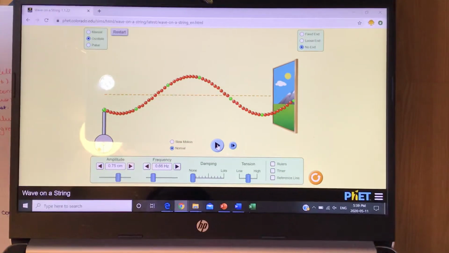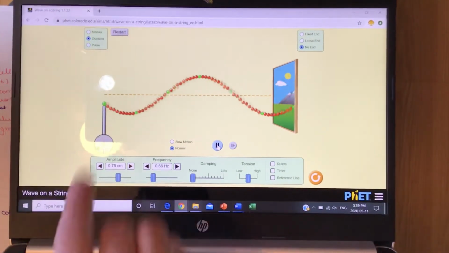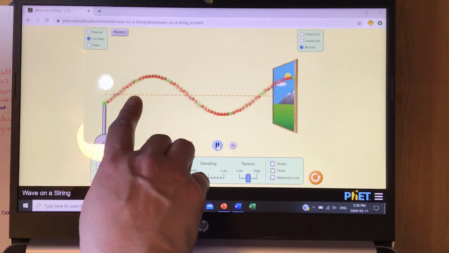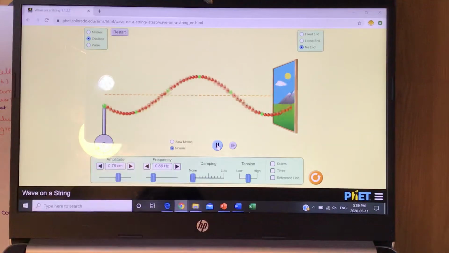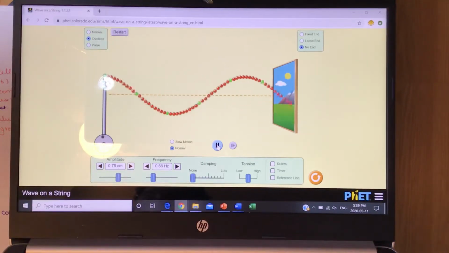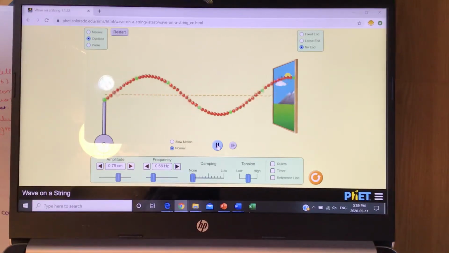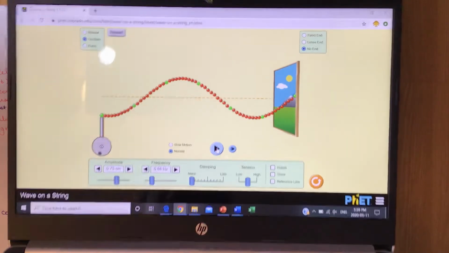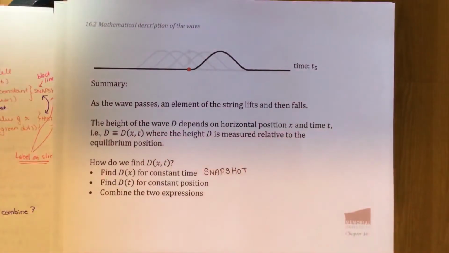The other thing we can do is we can ask, what if we pick one position of x, let's just pick this green dot right here, and ask what does that one single position do as time changes. So we can ask about that as well. That kind of graph is called a history graph.